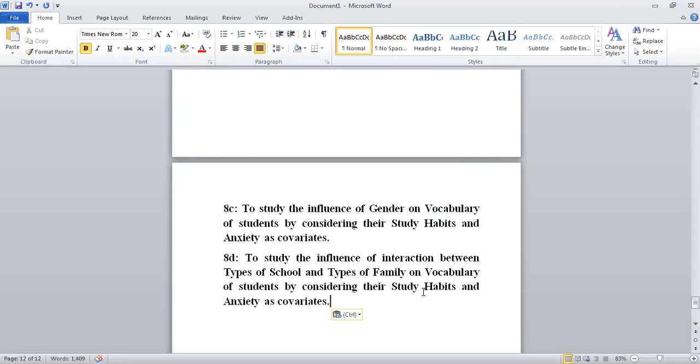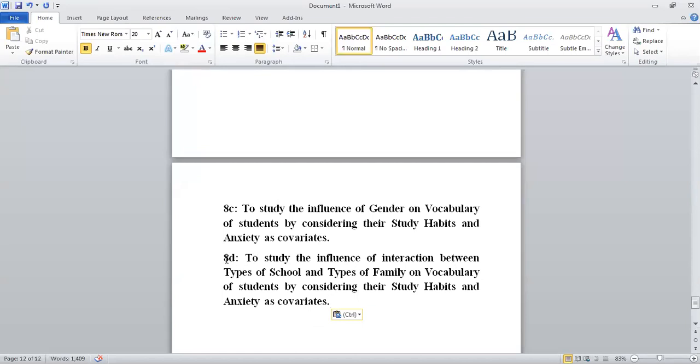Here I have taken only two variables. One is types of school and another is types of family, and that is why I have written only interaction between. The word "between" is only to be used when you have two variables. If you have more than two variables, then it is "among".